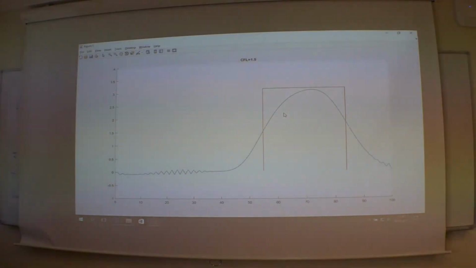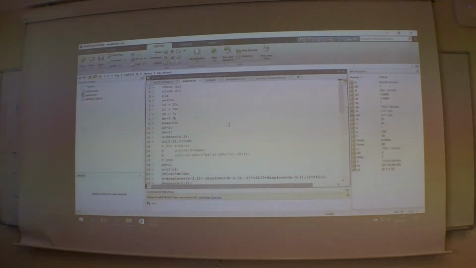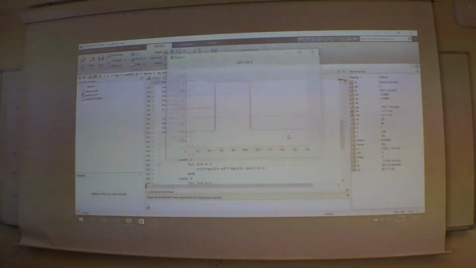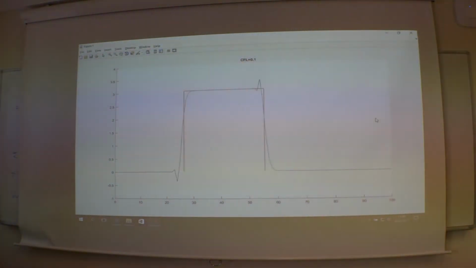People have been fighting this equation a lot, trying to find a good discrete scheme for it, and they have a lot of problems with it. I tried a couple here. You have a hybrid scheme. You take 50% of the upwind and 50% of the central scheme, just to see if that helps, and it helps a little bit, but still not good.